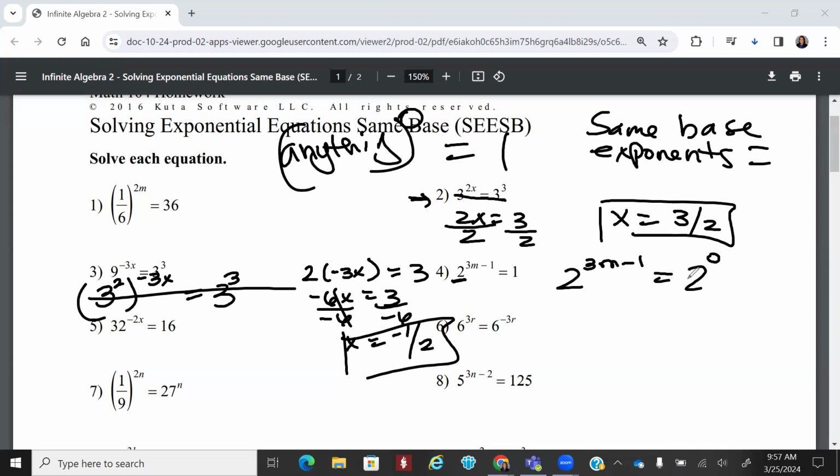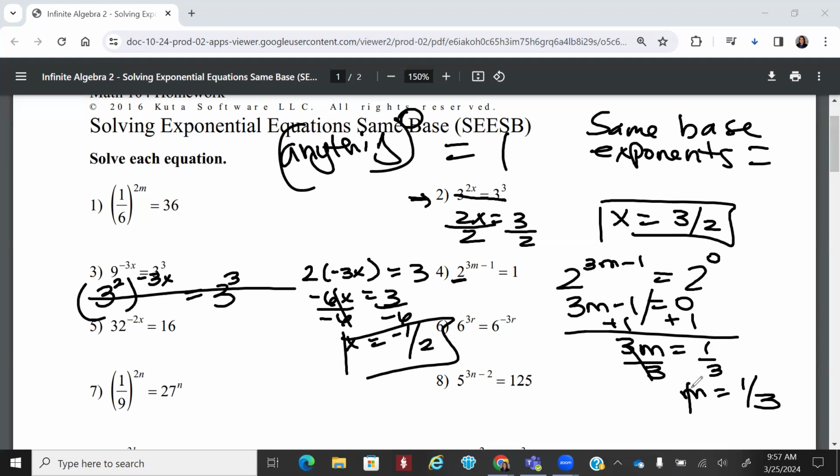And now they have the same base. So we're going to set the exponents equal to each other. And now you're going to solve. So we're going to add 1, divide by 3. I'm sorry, I'm writing that halfway across the page.